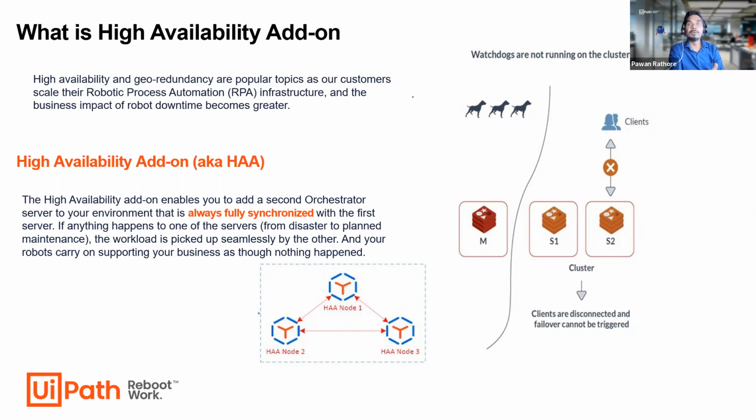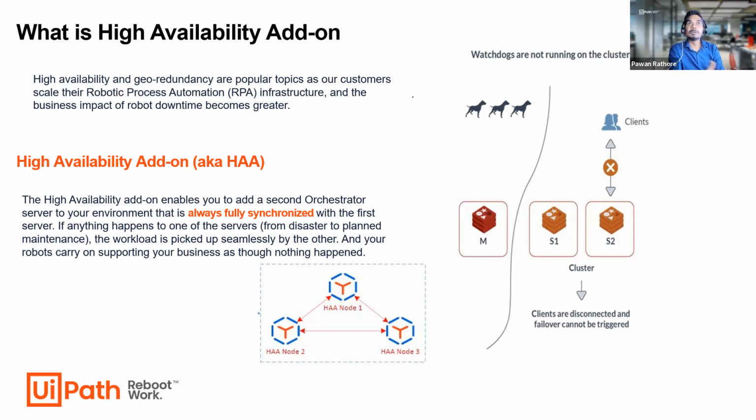So if you are going for a highly resilient model, it's always advised to have a high availability add-on which will keep the data across the orchestrator nodes synchronized, and the sessions will be persistent. They will not misbehave. They will be very seamless because the data synchronization is taken care of by HA nodes, which are themselves in a cluster.